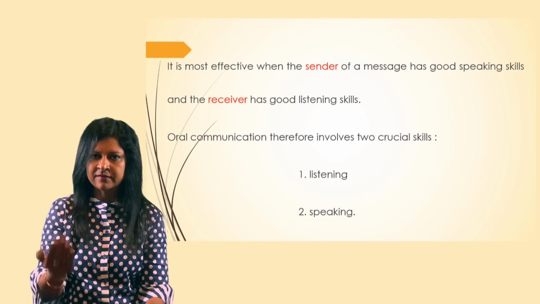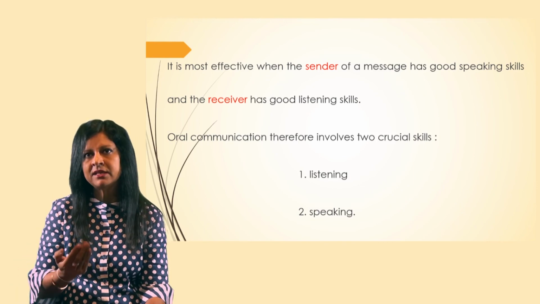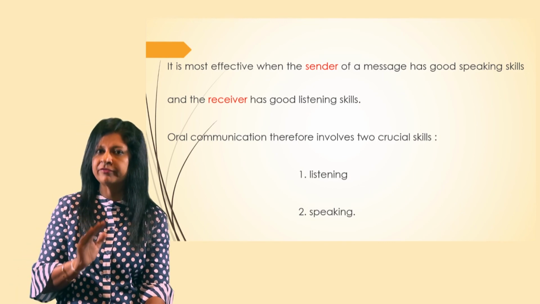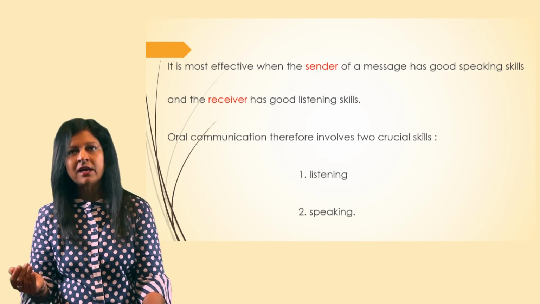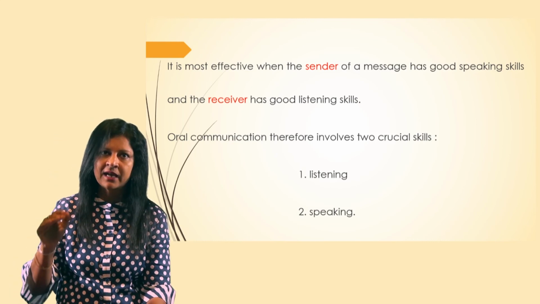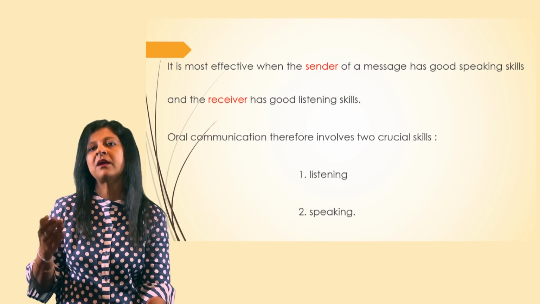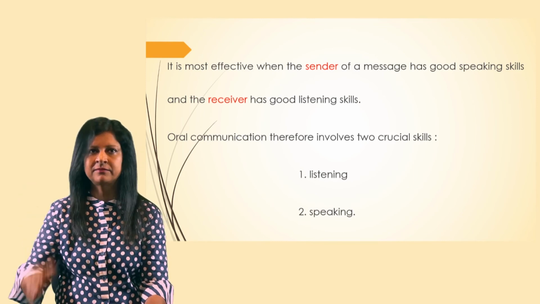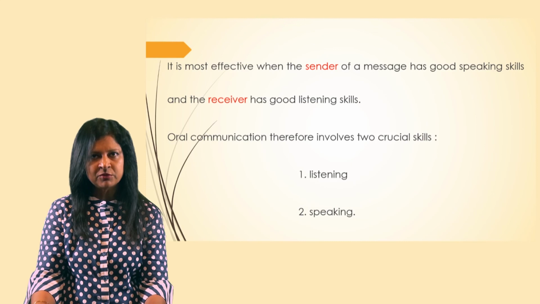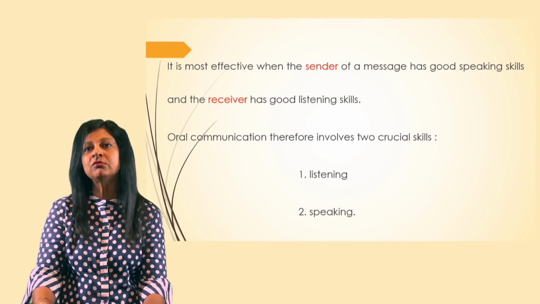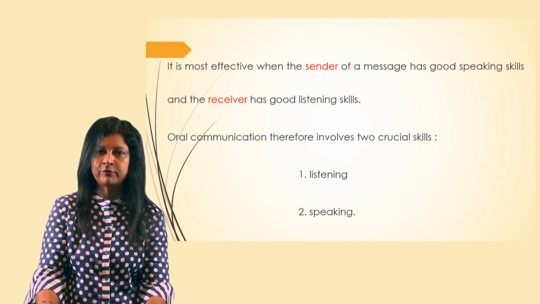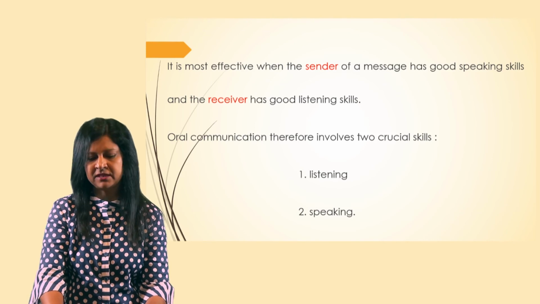When someone is sending the message, it should be effective, and from the other side, the receiver should be a good listener. So oral communication involves two crucial skills, as I said before, listening and speaking.